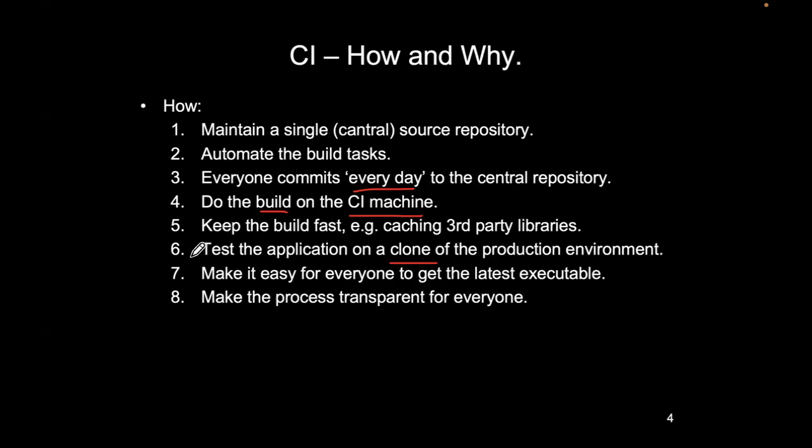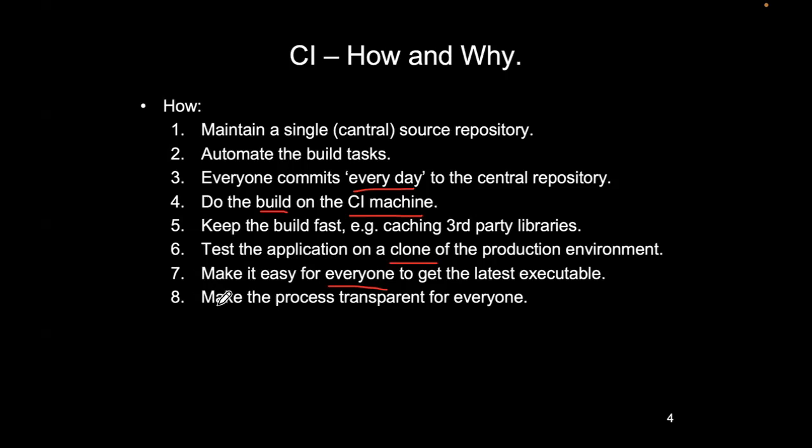Number seven, everybody in the team needs to have at least read access to our CI machine and to our clone of our production environment. Everybody won't necessarily have write access to both of these, but they certainly need to have read access so that they can see what's happening in our centralized automated build and our centralized automated testing.